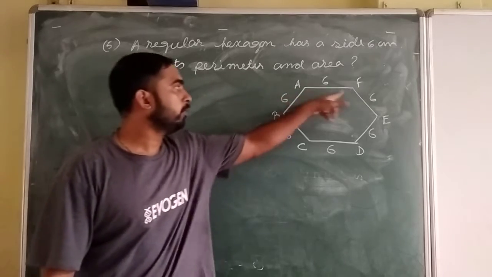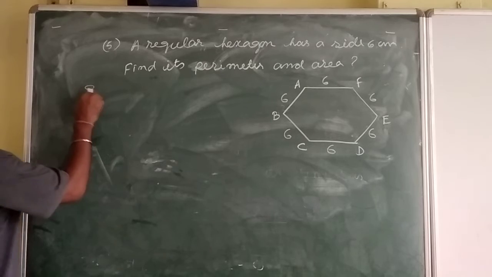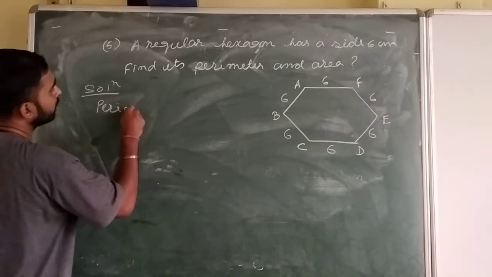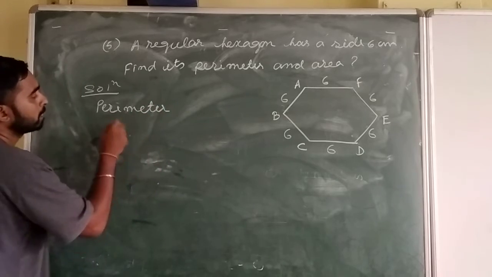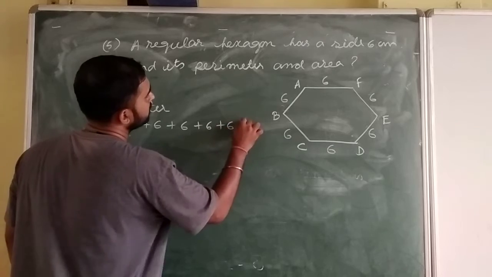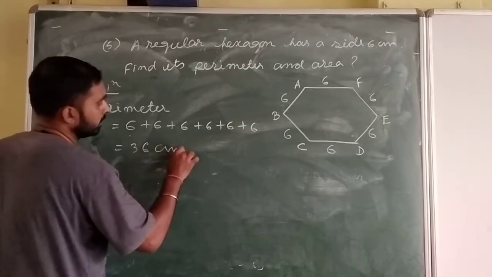Perimeter means if we add all the sides, that is the perimeter of the hexagon. So the solution is perimeter equals 6 plus 6 plus 6 plus 6 plus 6 plus 6, equals 36 centimeter.